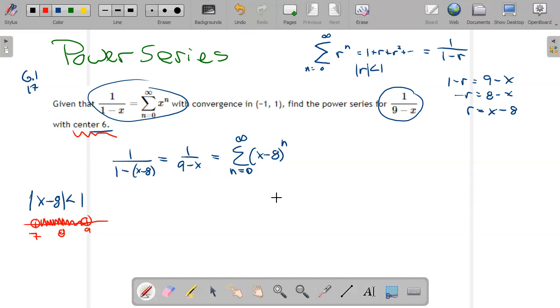Now we can't just do a substitution to shift this over, because that will change the series for this here. But if we call this right here f of x, this series is also a version of f of x.